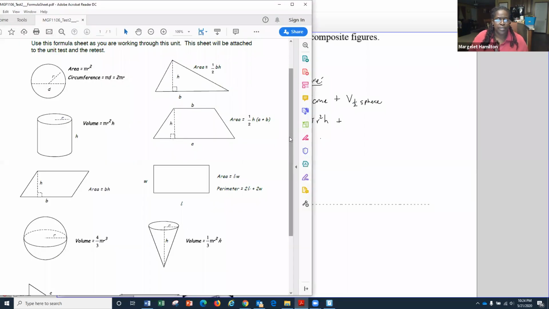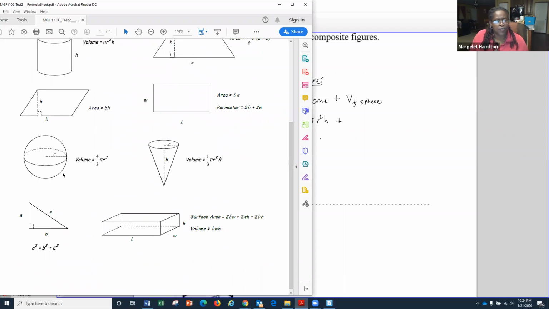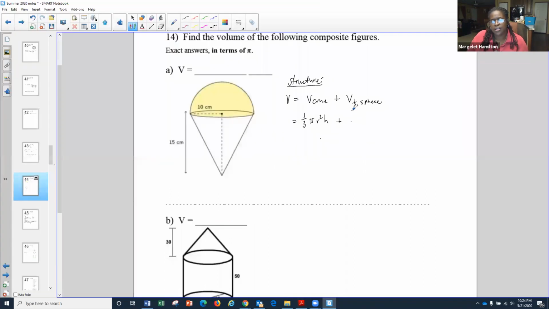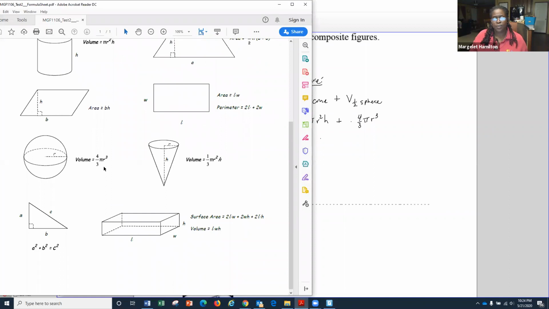Coming on down here, the volume for the sphere is 4/3 pi r cubed. All right. So we only need 4/3 pi r cubed. There's our formula. Doesn't hurt to double check after you finish writing everything. And that works there.